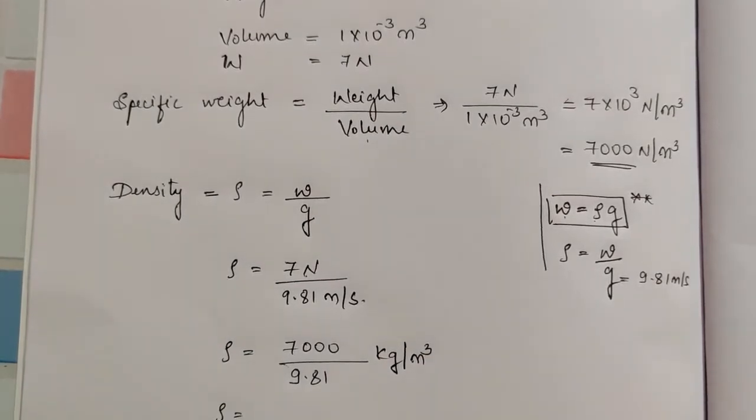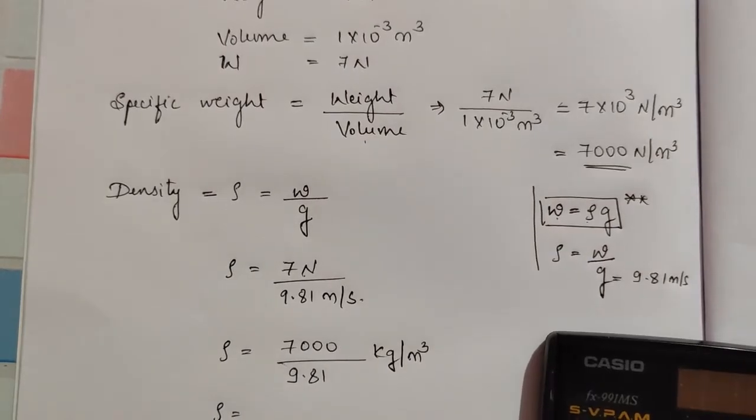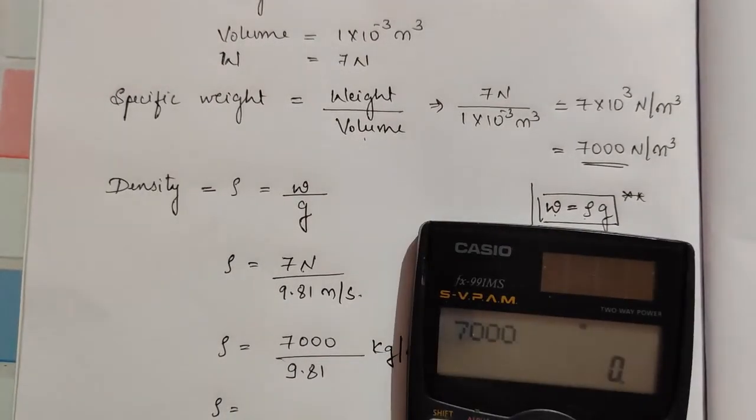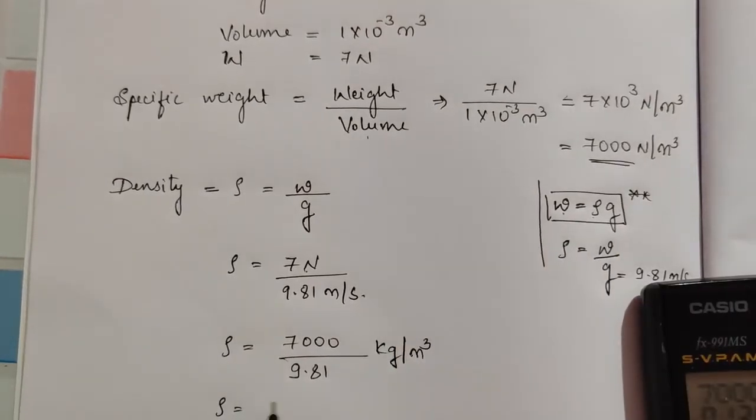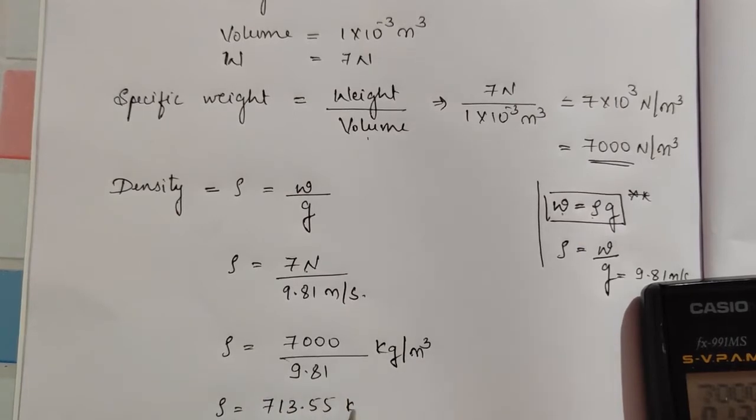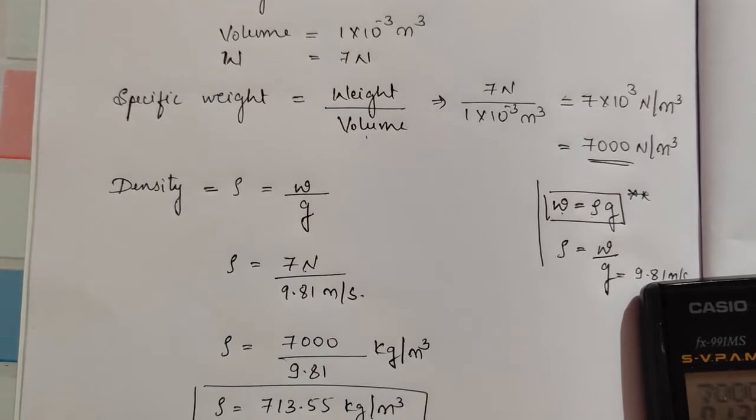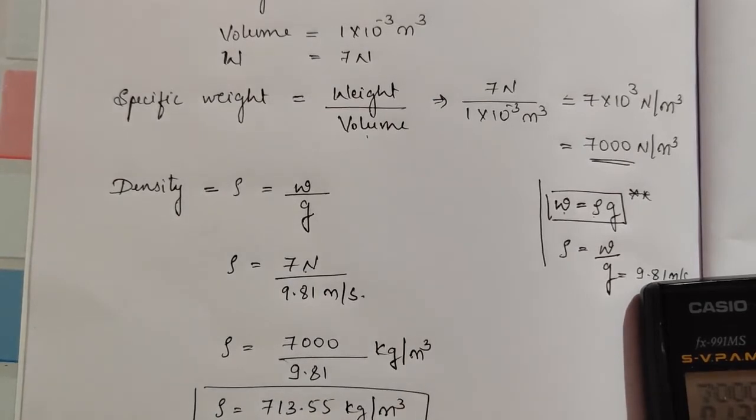If we simplify, we get 713.55 kg per meter cube.